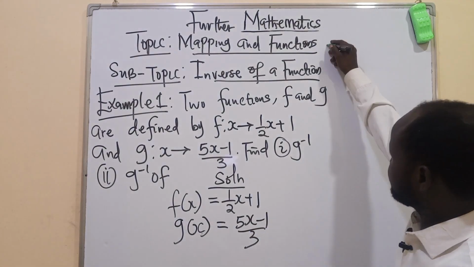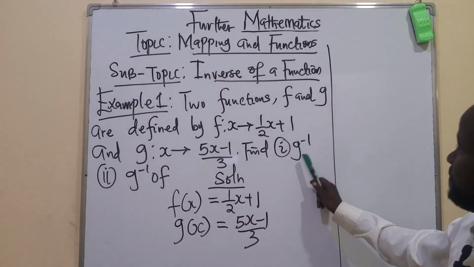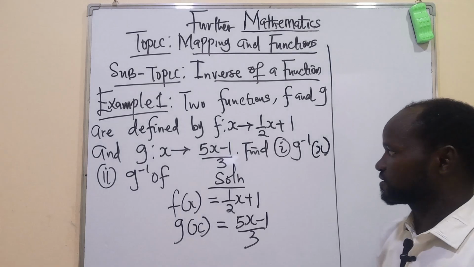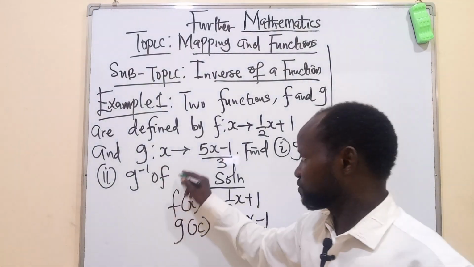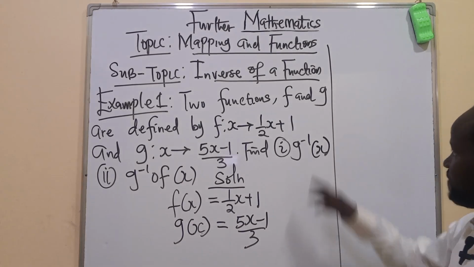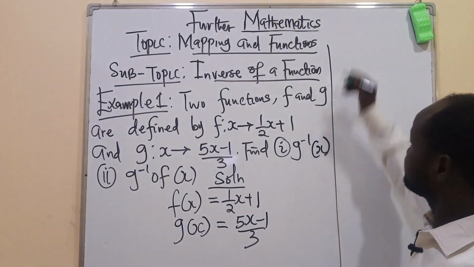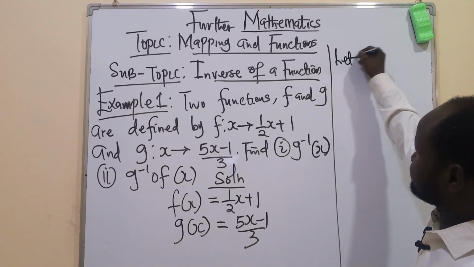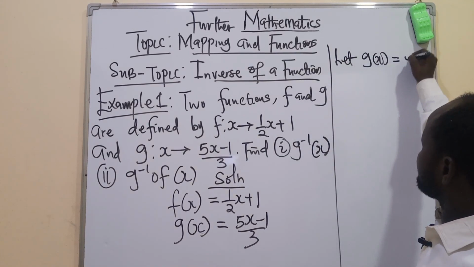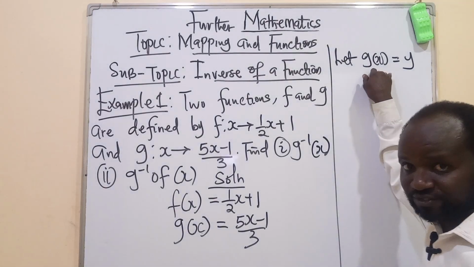Very important. Okay, so first question, we are asked to find the inverse of g of x. We can write it like this, g inverse of x. To find the inverse of g of x, we first have to let g of x be equal to y, because y is a function of x.